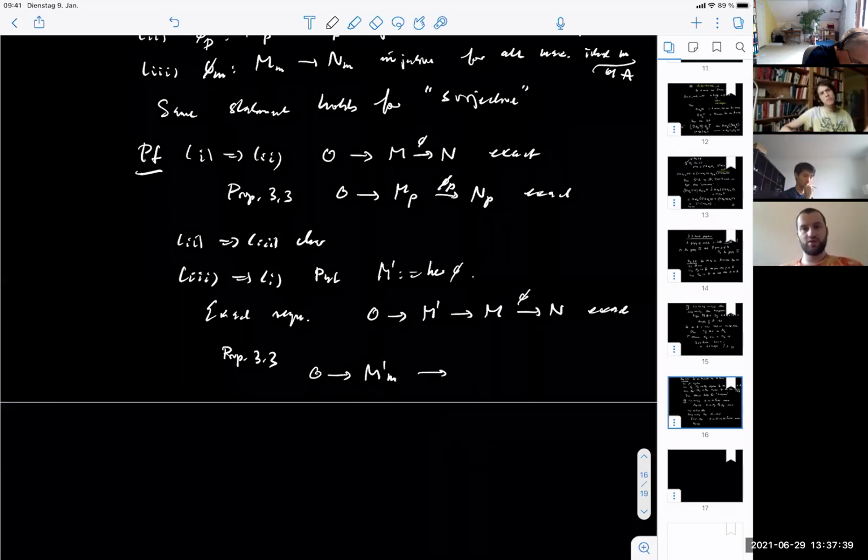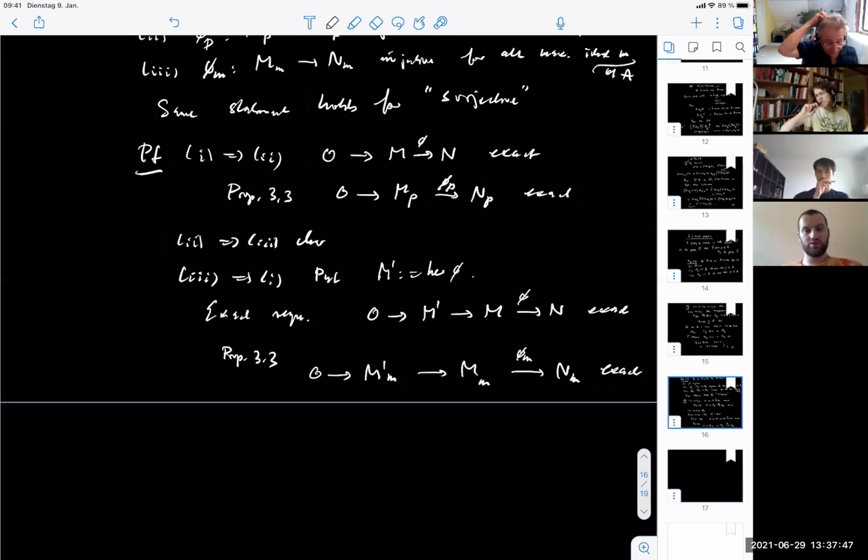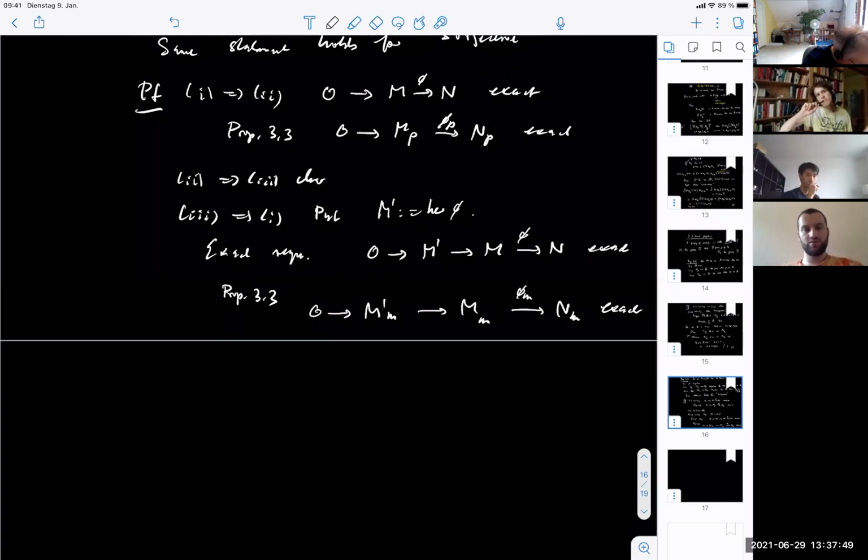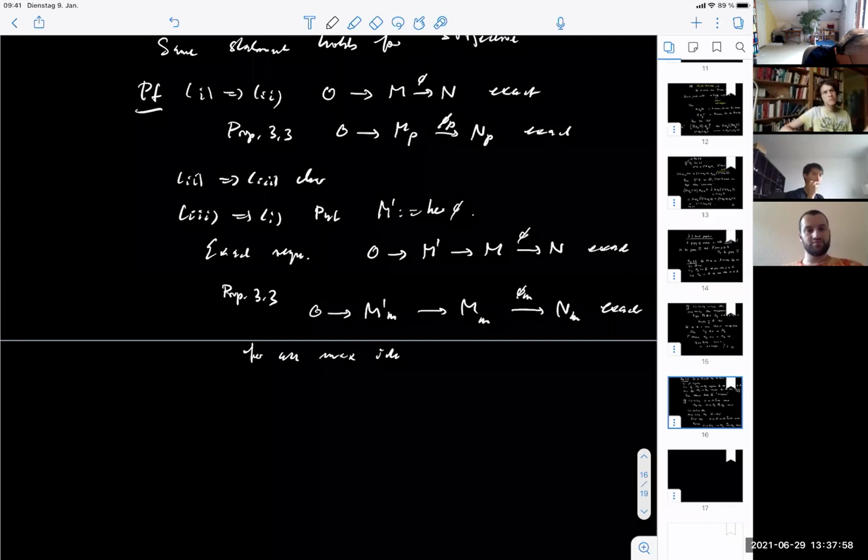Everywhere I put the index M, and here is phi M, and this is exact. Now we just have to decode what this means for all maximal ideals M.